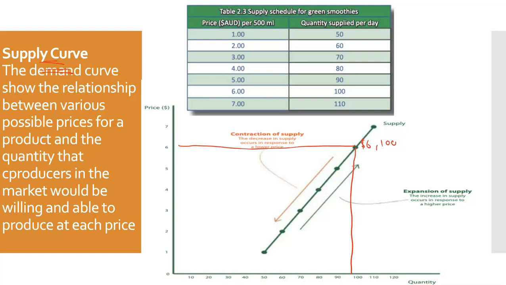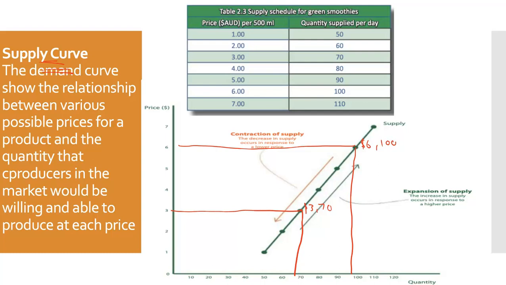At $3, as a producer, we are prepared to produce 70. So you can see that there is an increase in supply as price goes up.